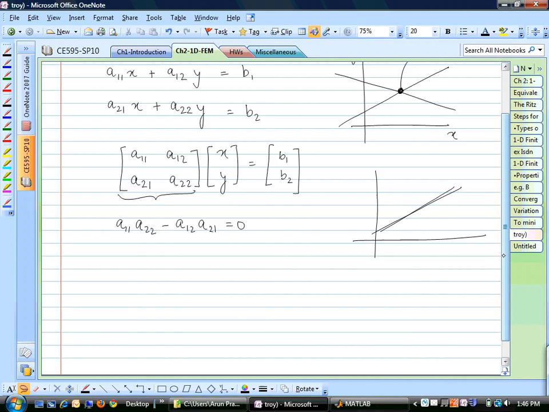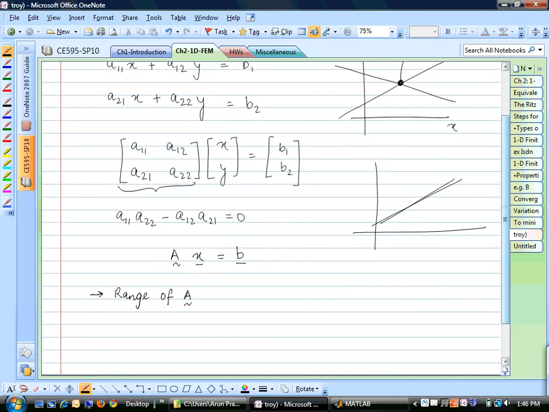Another way of saying that is that we have this matrix A, this unknown vector that we are trying to solve for, and this right-hand side B. There is something called the range space of A. What that means is that if you take some vector v and multiply it with this matrix A, the space of all these vectors is the range space.